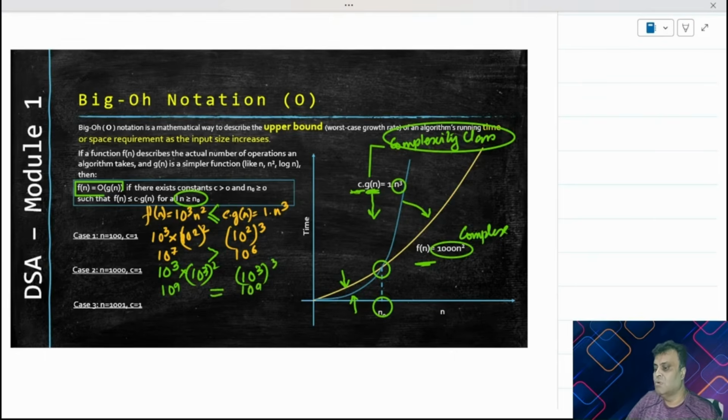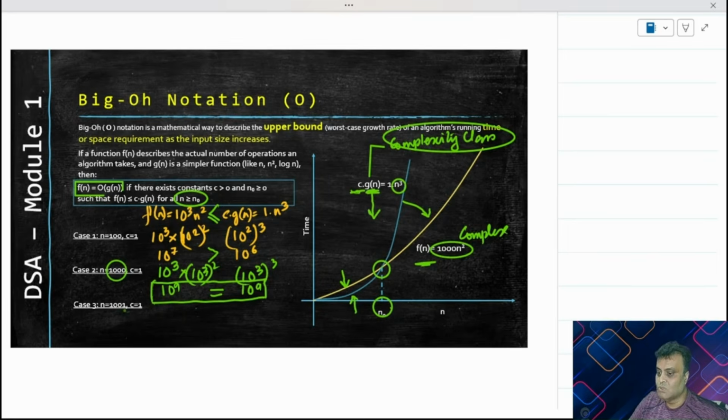So we have an equal to here. This is basically what we call the inflection point. This is the point, at this value of n0, which is 10 to the power 3, where the blue line is touching the yellow line, which means your c·gn is actually trying to cross fn. And if we go one step ahead, we will see that it crosses.